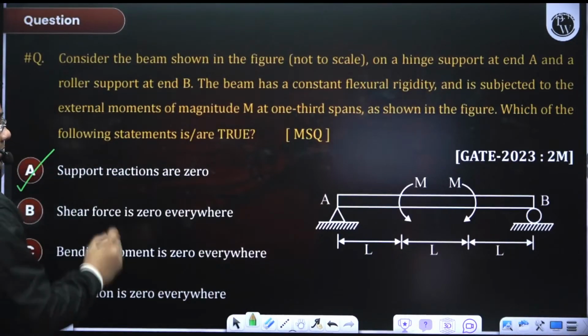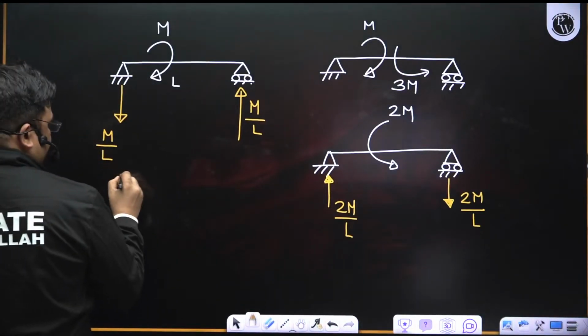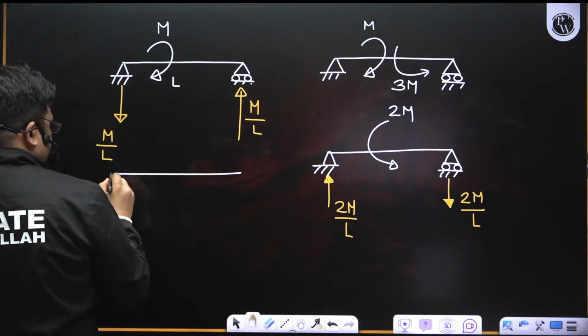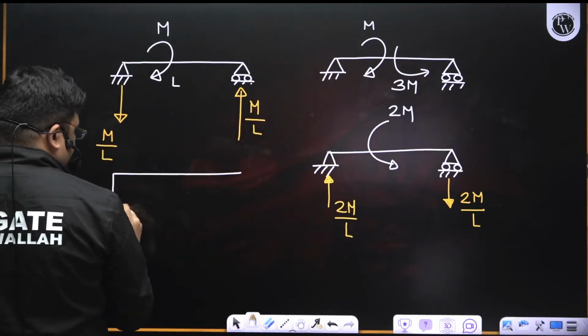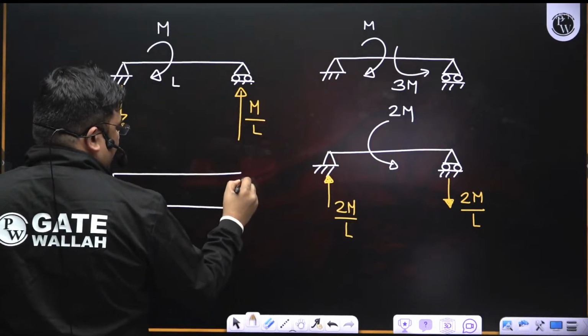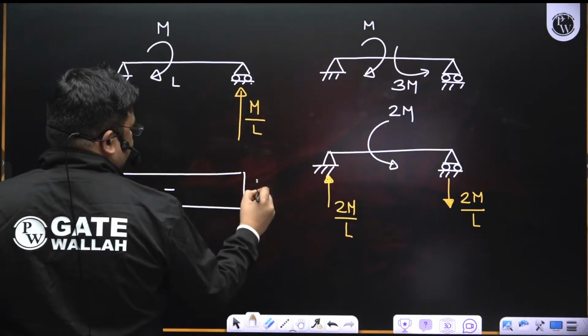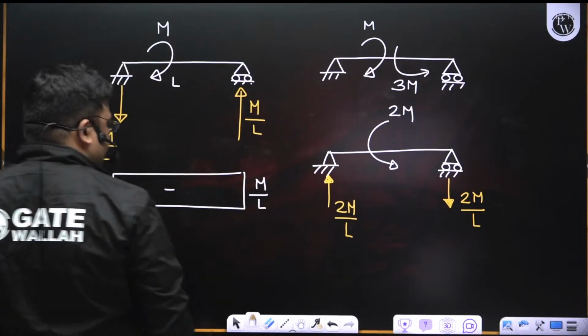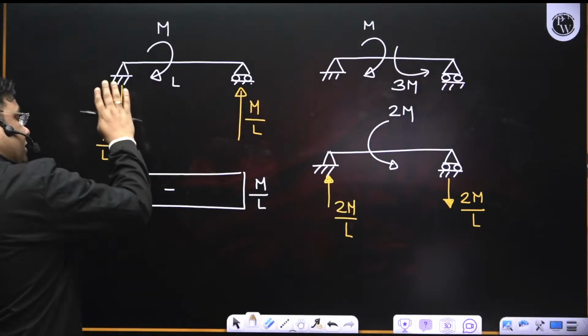Now see, if I draw the shear force diagram for the earlier case, first there is a downward load, so shear force will decrease. Then no loads, constant. Then upward load, 0. So the shear force will be negative with value M by L. That means shear force is not 0 there, because there is a support reaction.